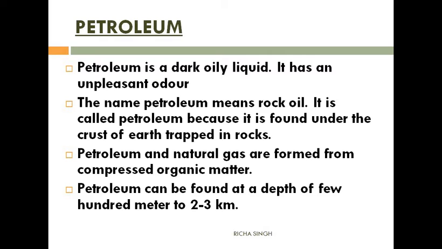It is a fossil fuel also, and petroleum is also known as crude oil because it is mixed with certain other things. If you bifurcate the term petroleum, petro means rock and oleum means oil. This means oil of rocks because it is found deep inside the earth.